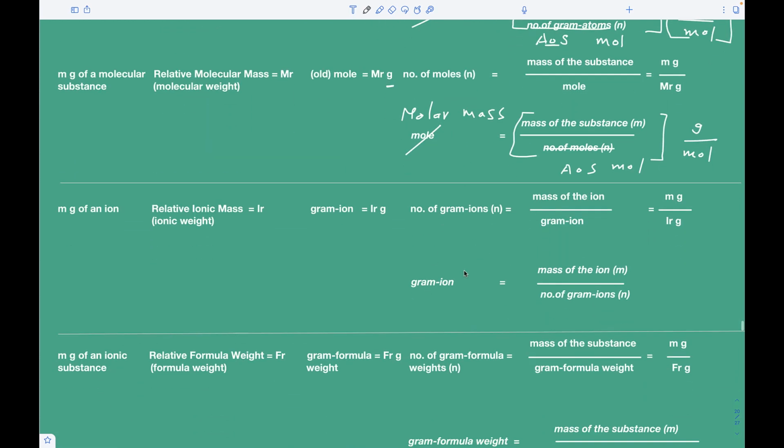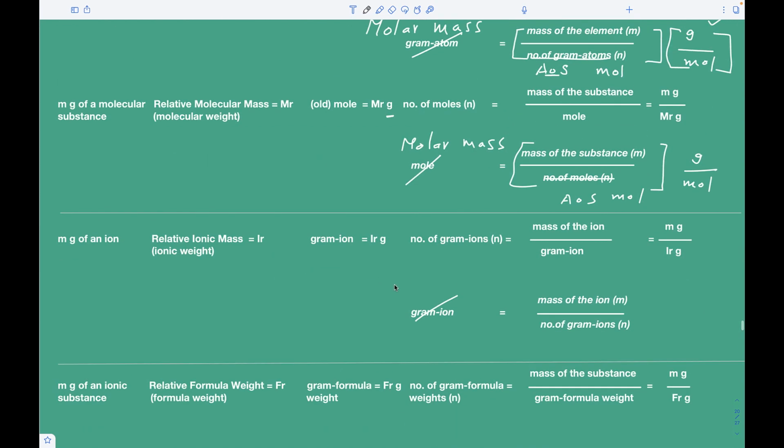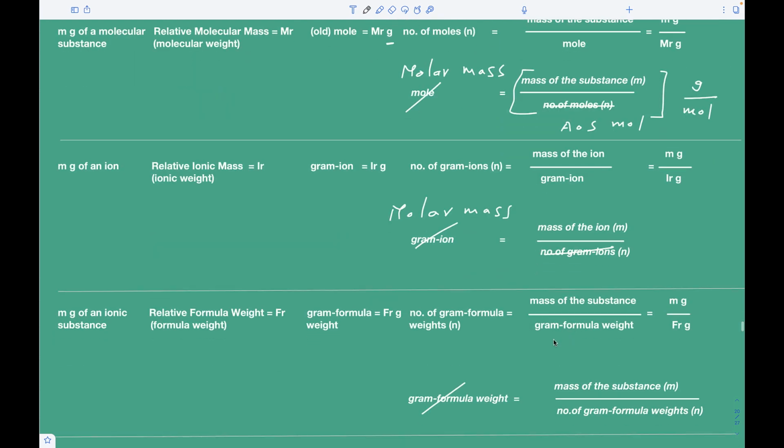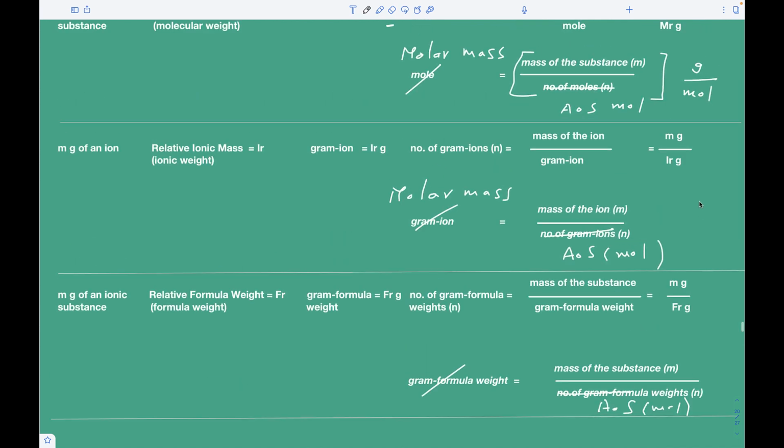So in all these cases, these old terms are replaced by molar mass when these denominators or when these numbers are replaced by the physical quantity amount of substance with the unit mole. And all these ratios have the unit gram per mole.